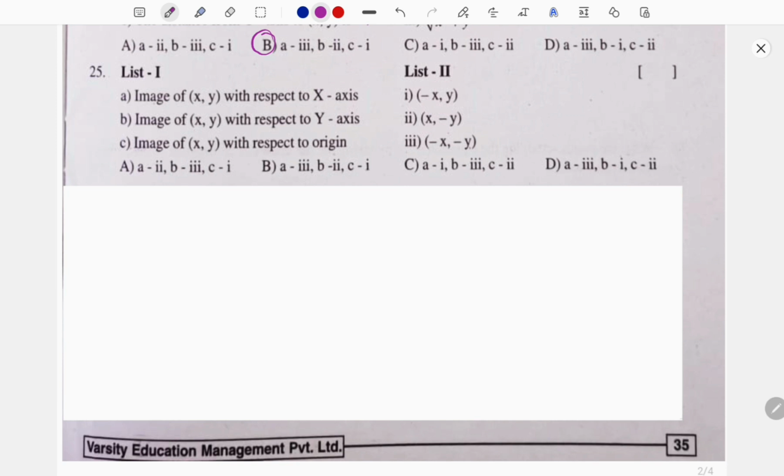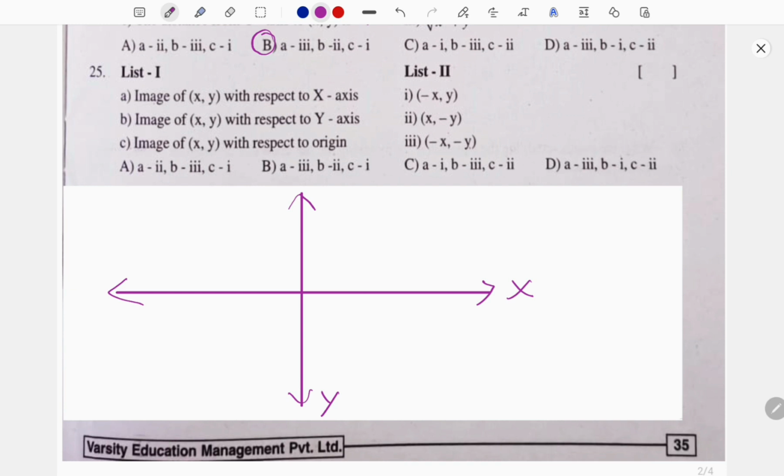Now the 25th question, the image concept. Suppose first of all here I take the x axis, and this is the y axis. Suppose here I take one point, minus x comma y.